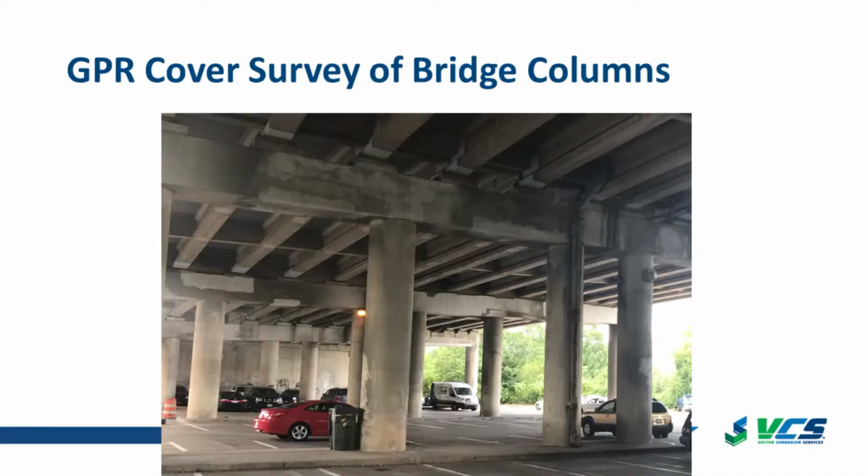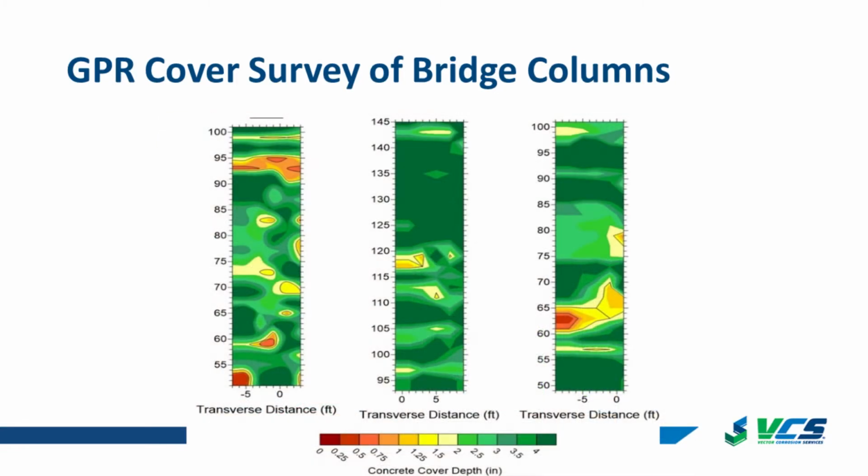Cover depth is really important, so how can we use that to address the durability of a structure and identify where problems are? We can go out to structures and measure different aspects of them. For example, in this project, we're looking at the columns and pier caps, and we wanted to identify where areas of low cover would be and where that would potentially put the structure at risk for corrosion and deterioration earlier in its service life.